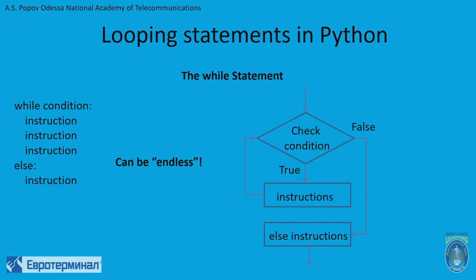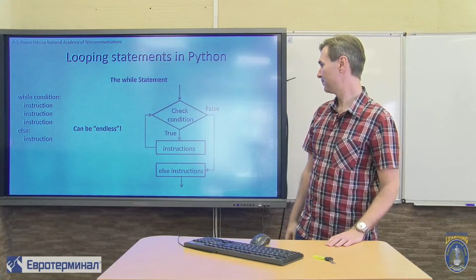Pay your attention that this gap should be 4 spaces, because in Python there are no special brackets, there are no begin and end statements, so only that indentation tells the Python interpreter that it's a block of instructions.